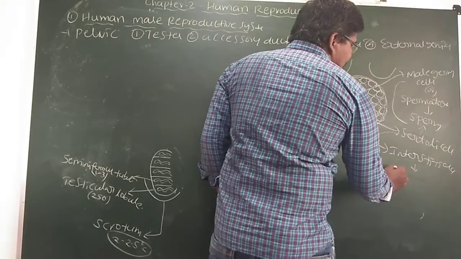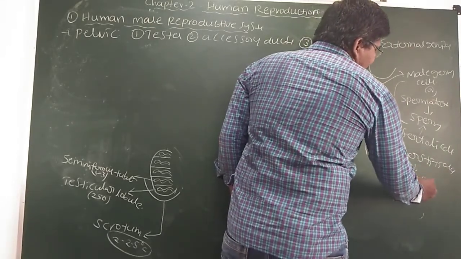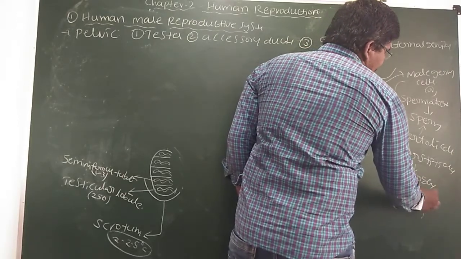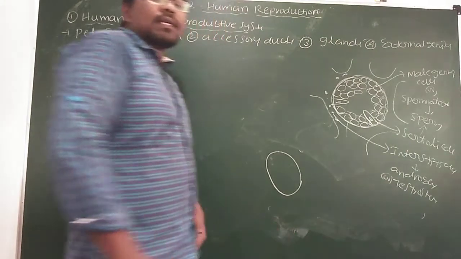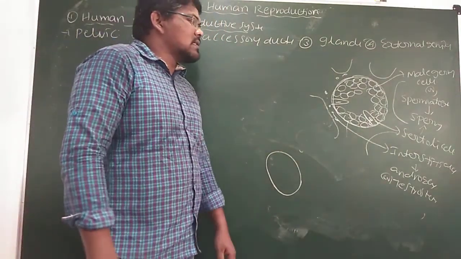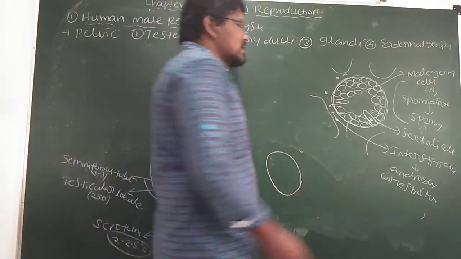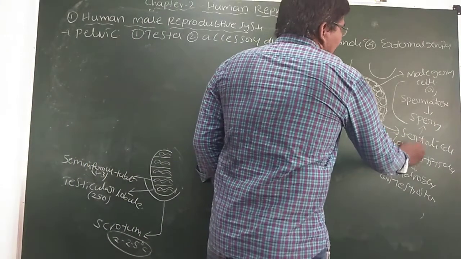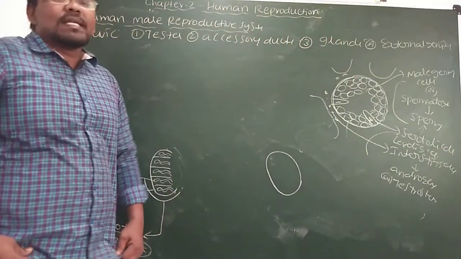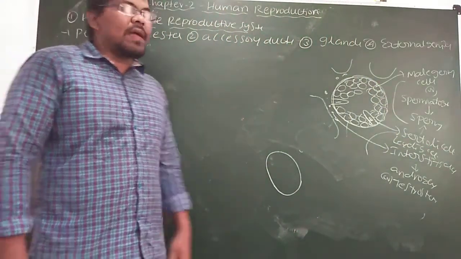The interstitial cells' function is the production of androgens or testosterone, the male hormones. What is the male hormone? Testosterone. These interstitial cells are also called Leydig cells. What is the function of interstitial cells? Production of androgens.